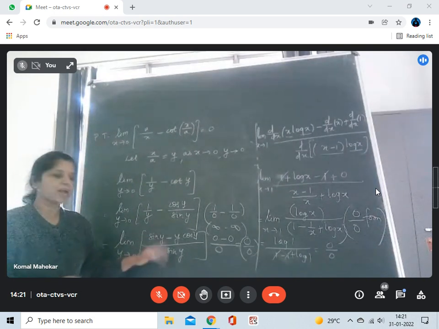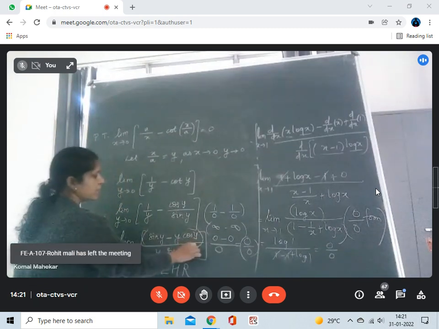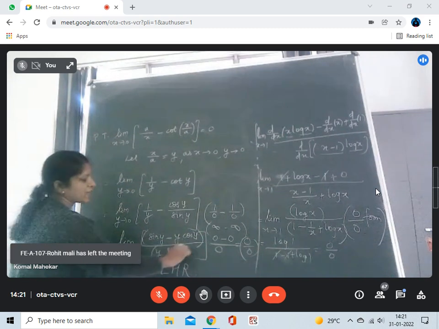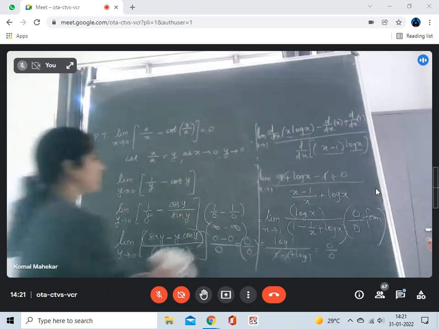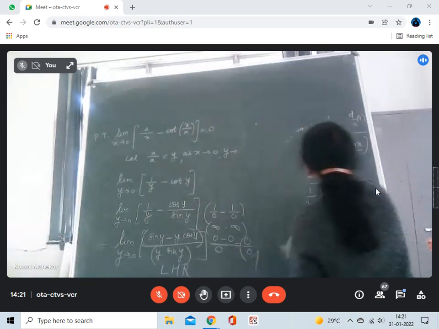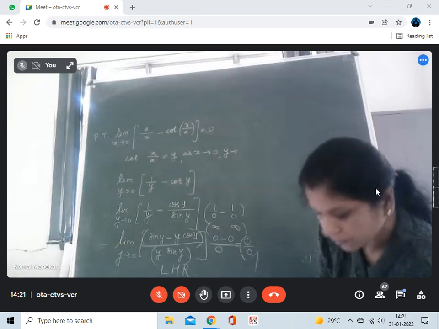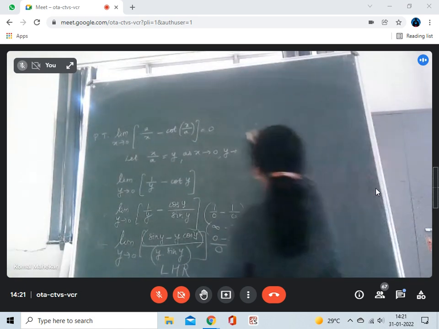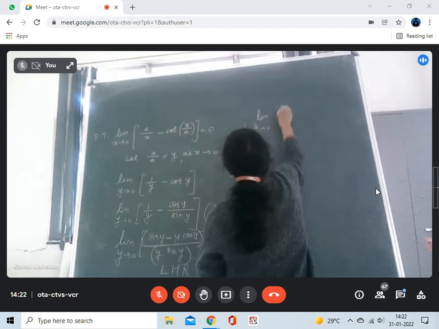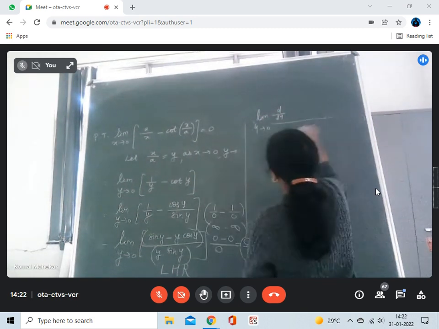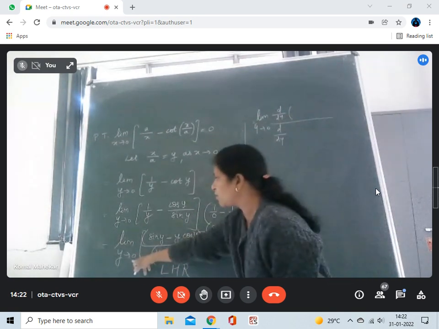And now we can apply L'Hospital rule. Therefore, by using L'Hospital rule, we will find the derivative of the numerator as well as the derivative of the denominator function. So this equals limit y tends to 0 d by dy. Now here we have to differentiate with respect to y, because the limit is now y tends to 0.